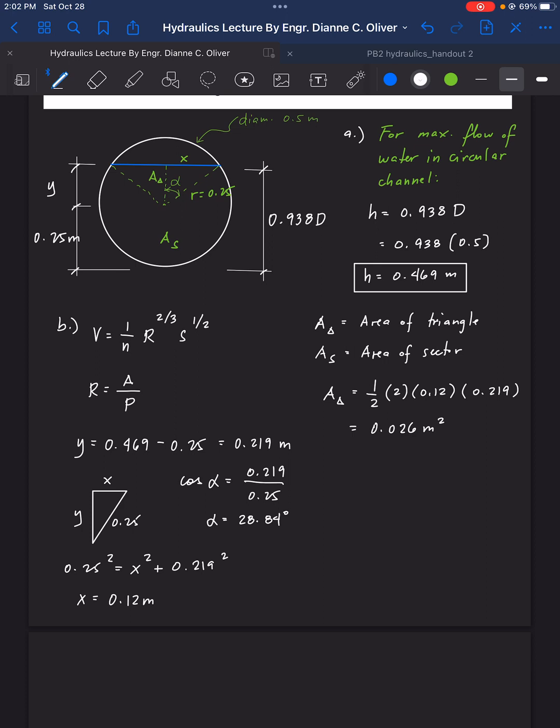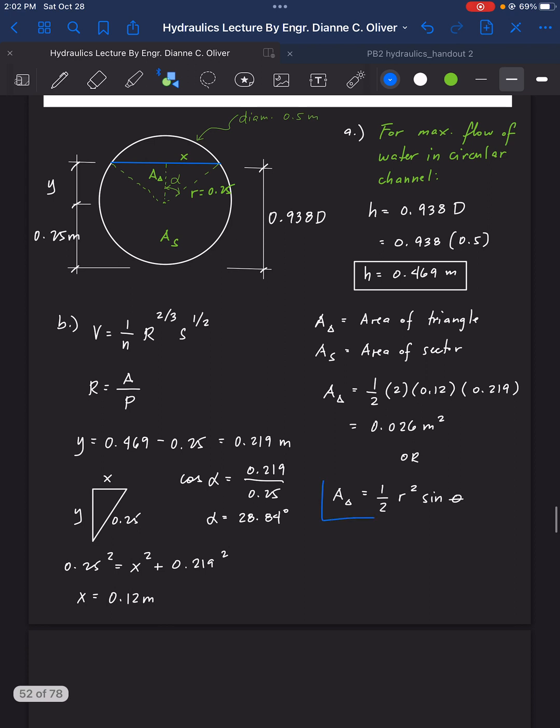So we can still get the area of the triangle in another way. The area of the triangle is equal to 1/2 of the radius squared sine of theta, or the angle. So this is also one formula for the area of the triangle.